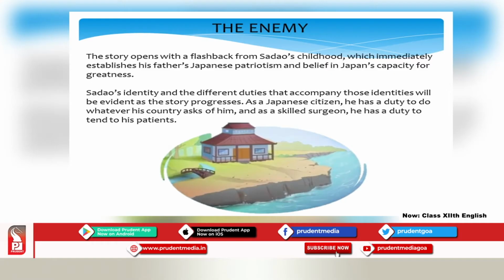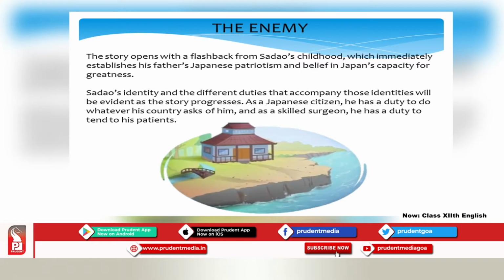So Sadao's father is one image which portrays the patriotism of Japan. Sadao's identity and different duties that accompany those identities will be evident as the story progresses. As a Japanese citizen, he has to do whatever his country asks of him. And as a skilled surgeon, he has a duty to tend to his patients.